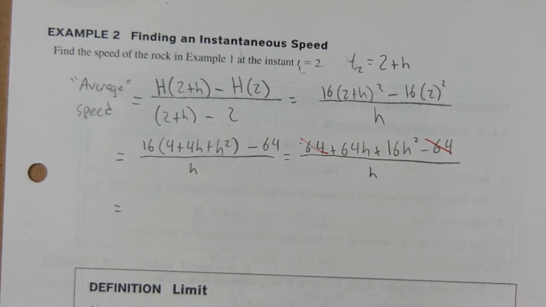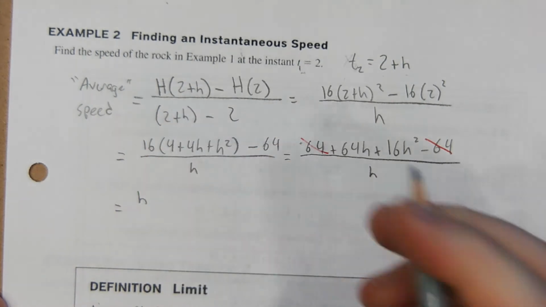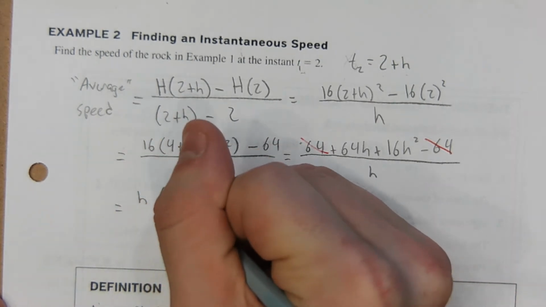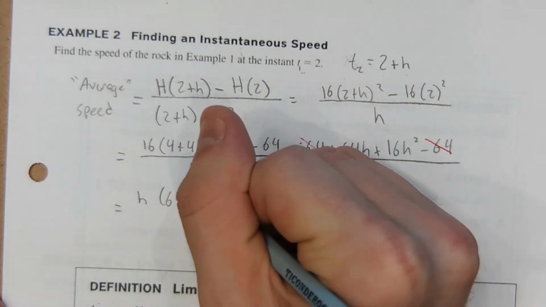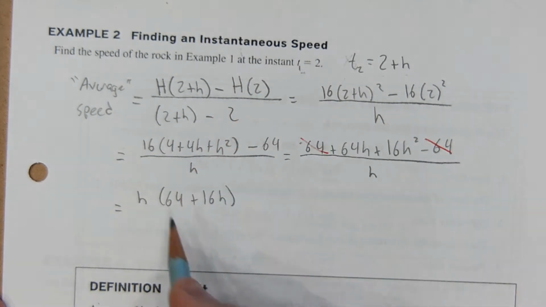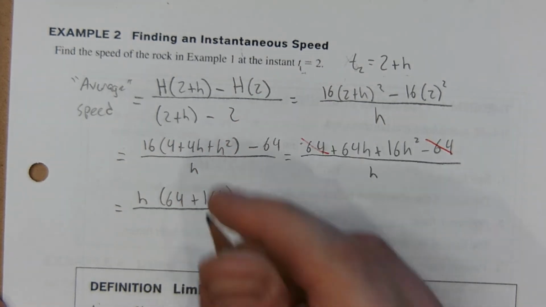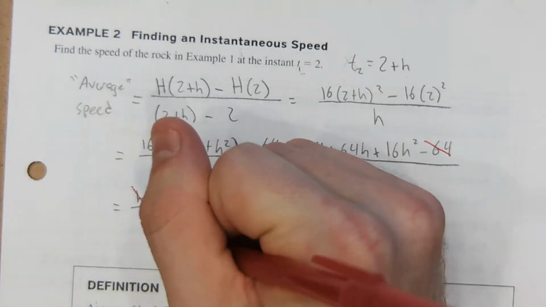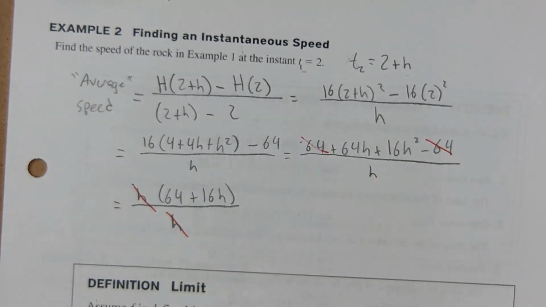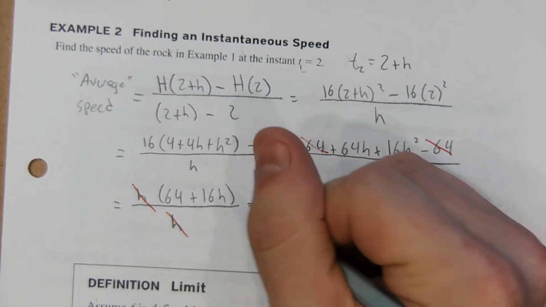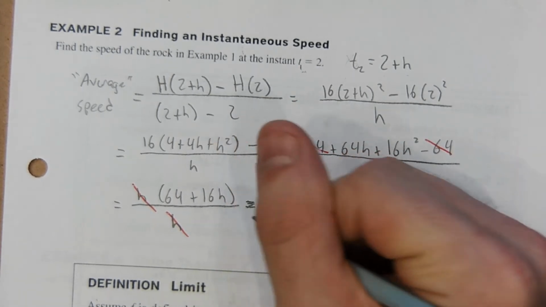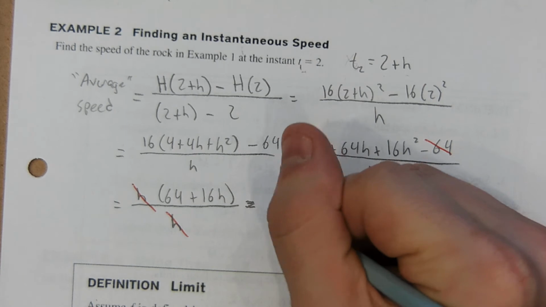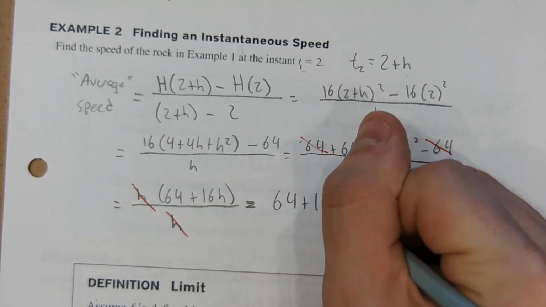You're going to see why in just a second. So let me pull h as a GCF off that top, leaving me 64 plus 16h, all divided by h. Whoa! Check it out. Those h's cancel. That means you're left with the average rate of change, the instantaneous speed, being 64 plus 16h.